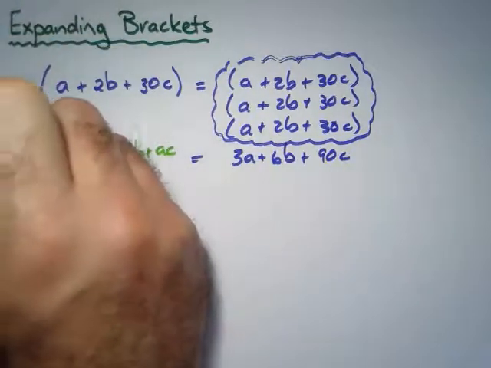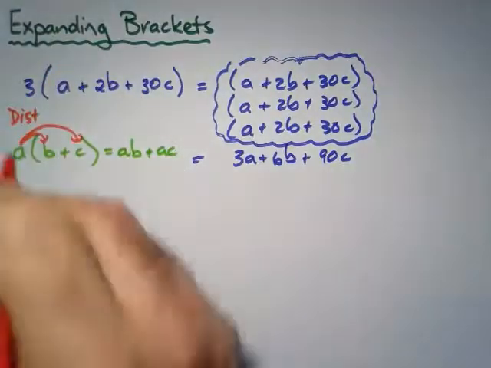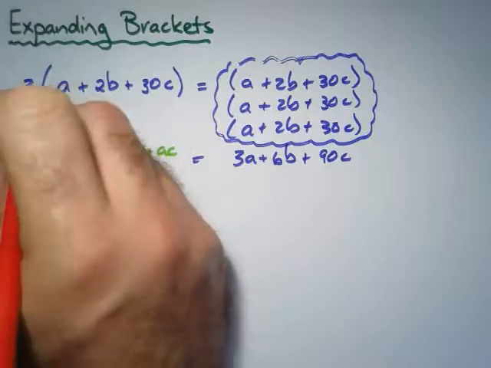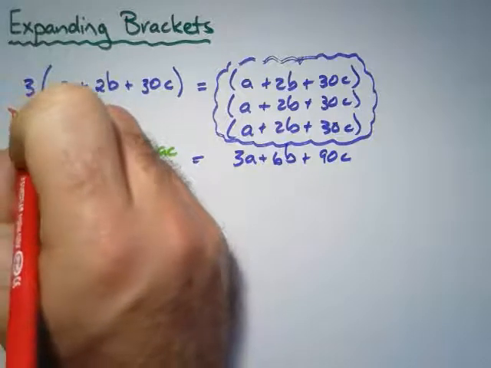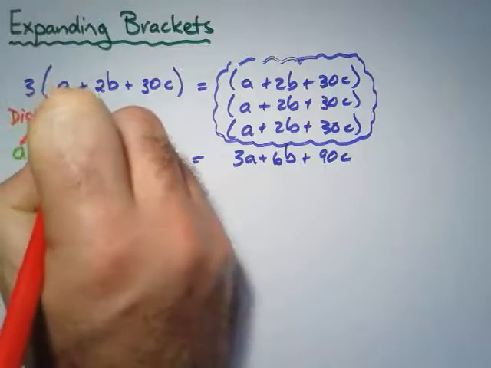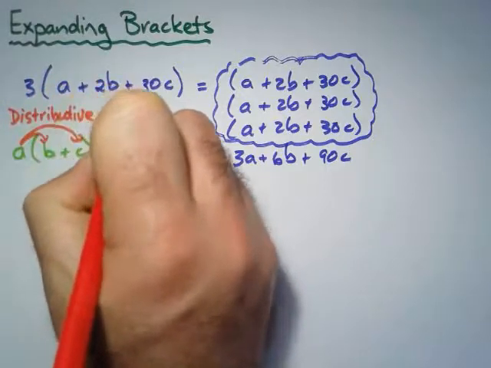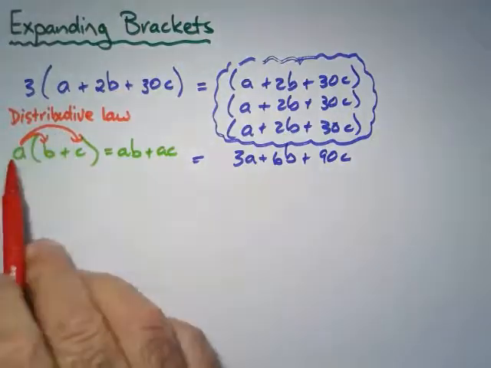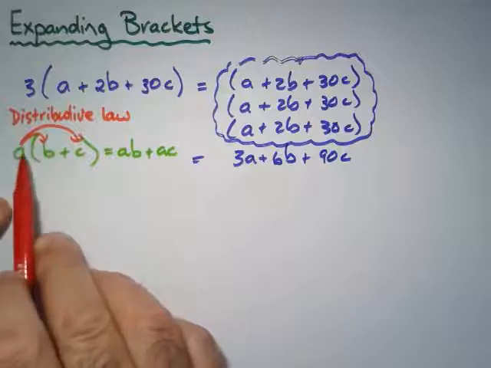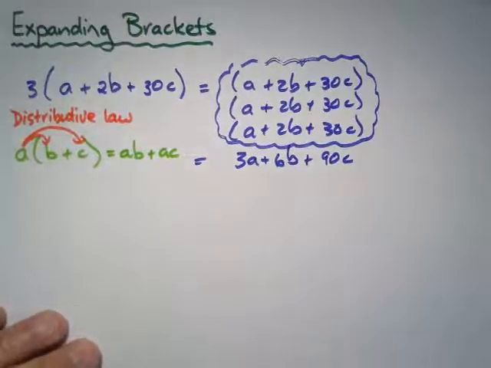Distributive, coming from the English word to distribute, which comes from another word which I don't know where it is from. So this is the distributive law, and it's called distributive because you distribute, you hand out, you pass on this A to every term on the inside.